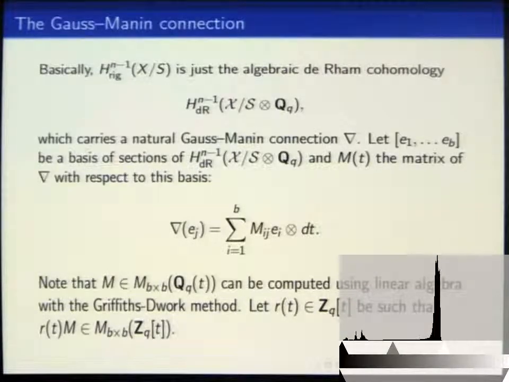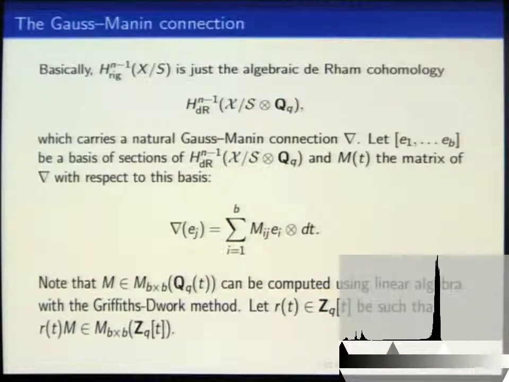Now you have to fix for the algorithm a basis of sections of this thing. So the H^(n-1) were vector spaces of a certain dimension. Now I've got a vector bundle of the same dimension over my base S. And I let e_1 up to e_B be a basis of sections, where B is the (n-1)th Betti number of X. And we let M denote the matrix of nabla with respect to this basis.